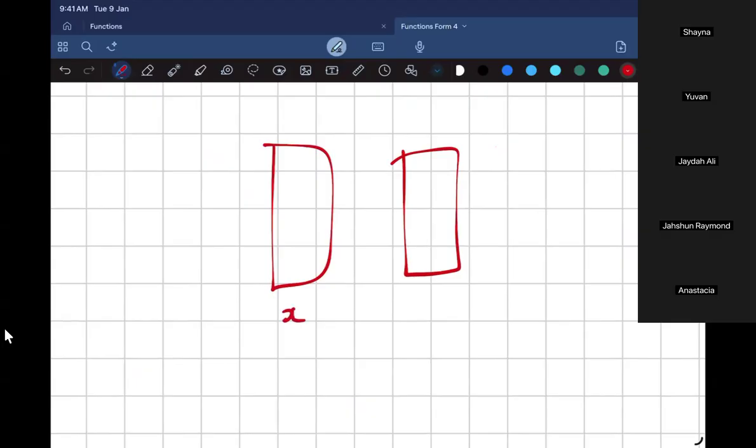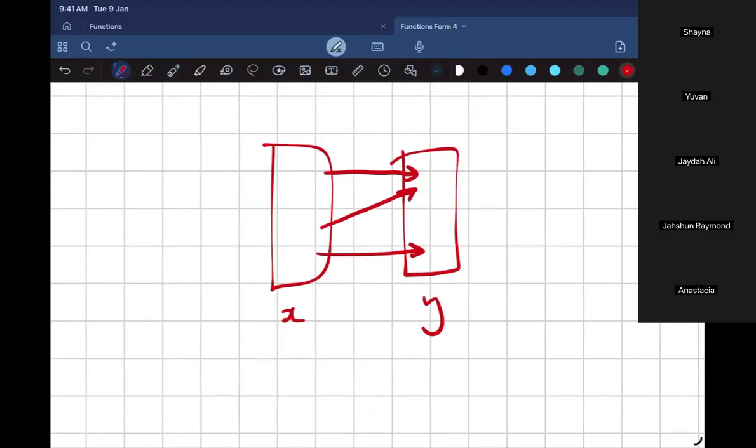Gonna call this X, gonna call this Y. 2, 7. Okay. Shina, in this example, what are you noticing? It's many to one.